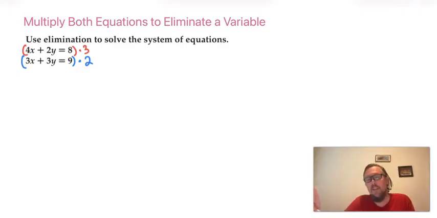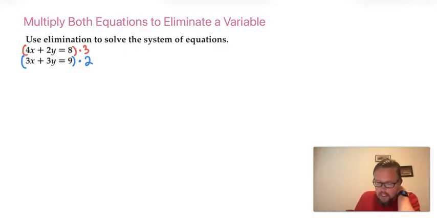By the way, before I do this, I want to point out we could also do this with the x's. If I multiplied the top by 3 and the bottom by 4, then the x's would both be 12x, and I could do elimination. I'm choosing to do 3 and 2 just to keep the numbers lower, but we can absolutely eliminate the x's the same way. In fact, maybe we'll do that at the end to solve for x rather than using substitution, just to see what that looks like.